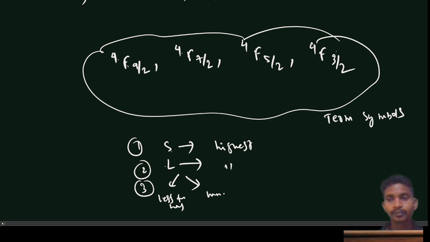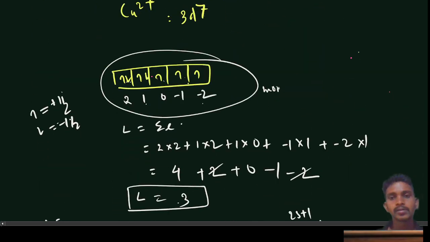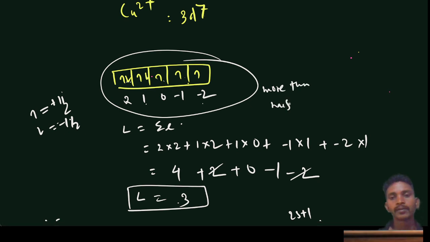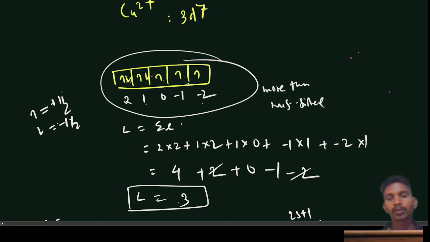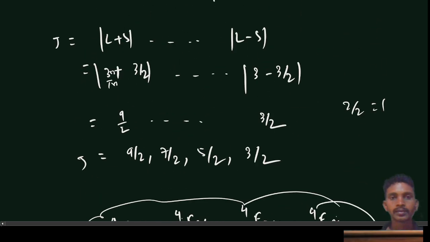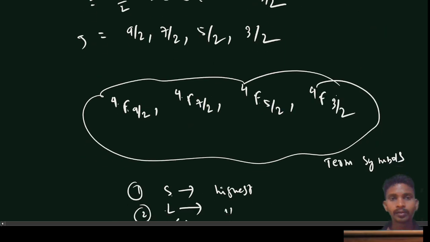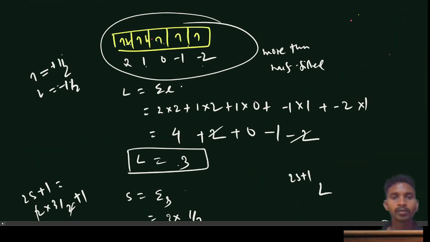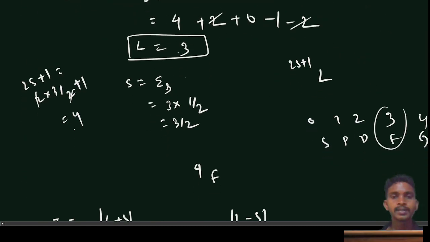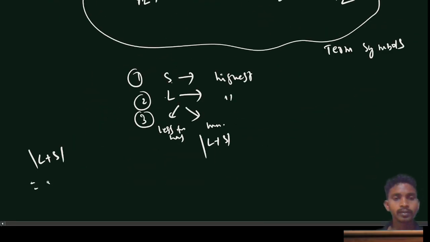From here we see that this is more than half filled. So if it is more than half filled, then we take L plus S. L is 3 and S is 3/2. So L plus S is 3 plus 3/2, which is equal to 9/2.